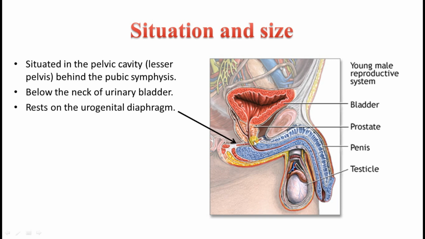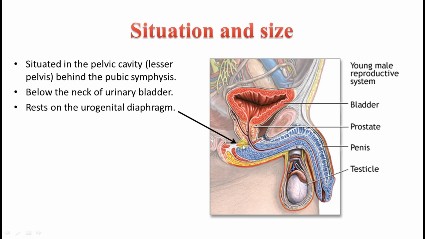The urogenital diaphragm is mainly made up of two muscles, sphincter urethrae and deep transverse perineum. These two muscles are covered by a fascia above, the superior layer of the urogenital diaphragm, and a fascia below, the inferior layer. This diaphragm is pierced by the urethra, the membranous part of urethra, in males as well as females.